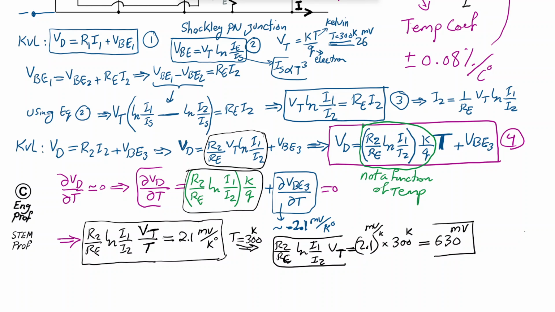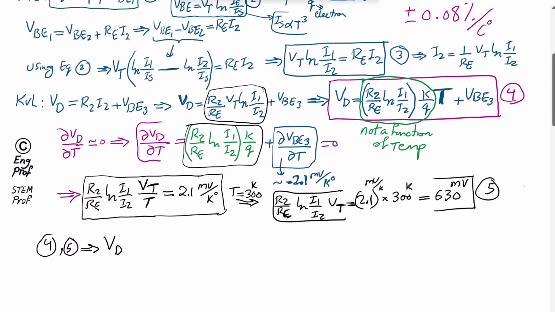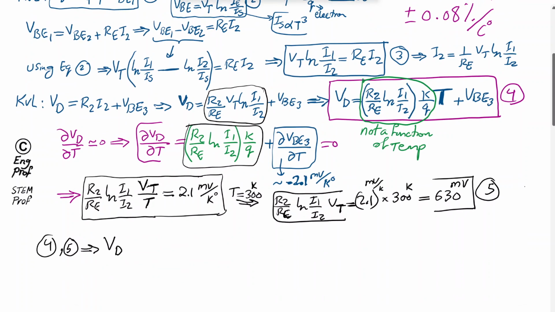So using equation 4 and 5, I can say then the resulting voltage of, let's say, reference diode is equal to 630 millivolt plus V base emitter of transistor 3.